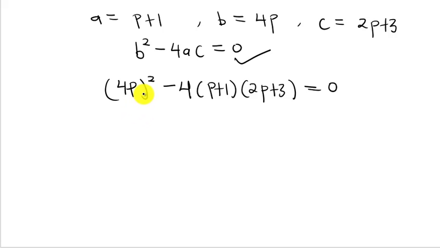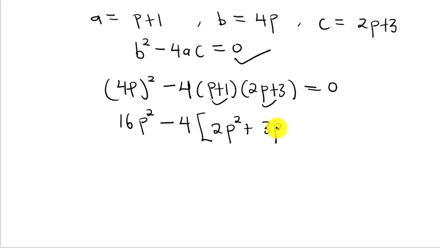So (4p)², that is 4p times 4p, gives us 16p². Then minus 4, we hold on to the 4, and expand these two brackets. p times 2p gives us 2p². p times 3 gives us 3p. 1 times 2p gives us 2p. Then 1 times 3 gives us plus 3. And it's equal to 0.